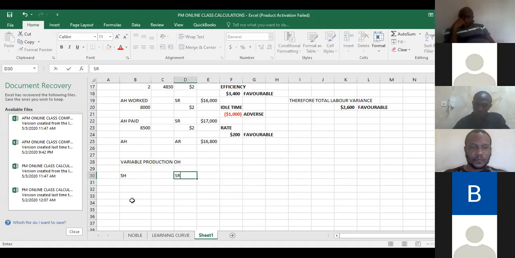Under that, actual hour, standard rate. And please remember, let me just put that here so that we remember. That's hours worked, not paid. And then finally, I have my actual hour, actual rate, which will still be the hours worked.